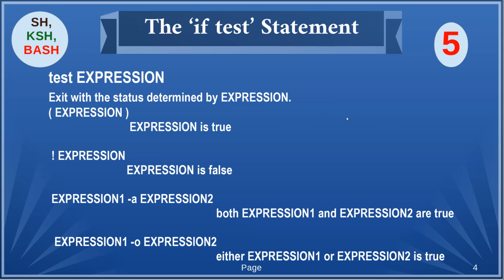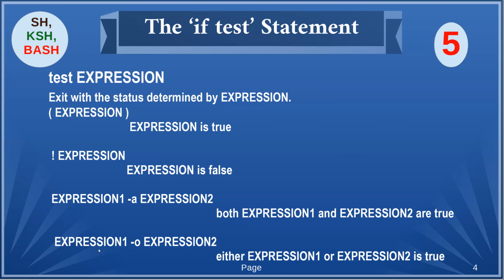So if the expression is false, this statement will be executed. And then -a means and. If expression 1 and expression 2 both are true, then the statement following that one will be executed. And then -o means or, if expression 1 or expression 2.